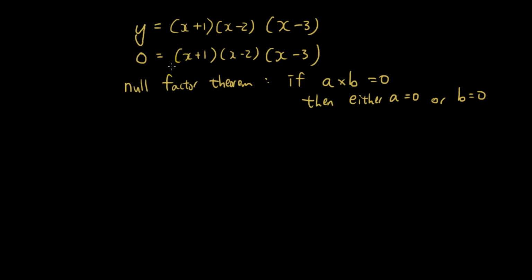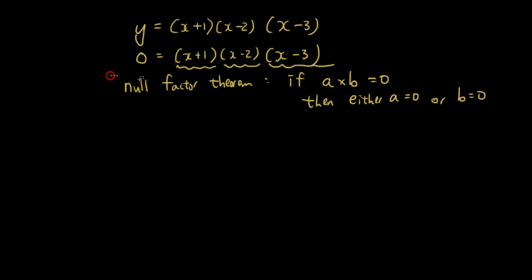That's similar to what we have here, right? Because we have three terms that multiply together to give you 0. You can think of this as a, this is b, this is c. If you have multiple things that multiply together to give you 0, then one of them must be 0. So which one is it? Well, let's do all three.